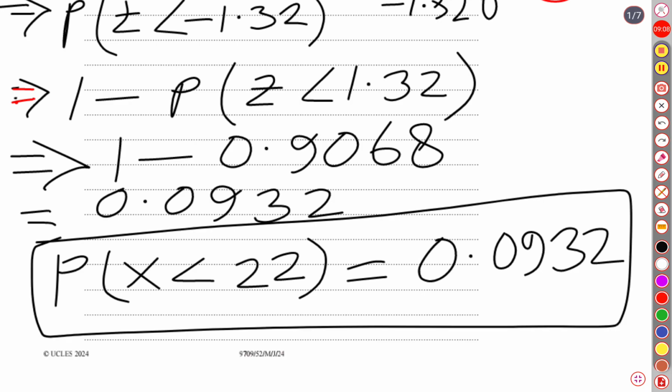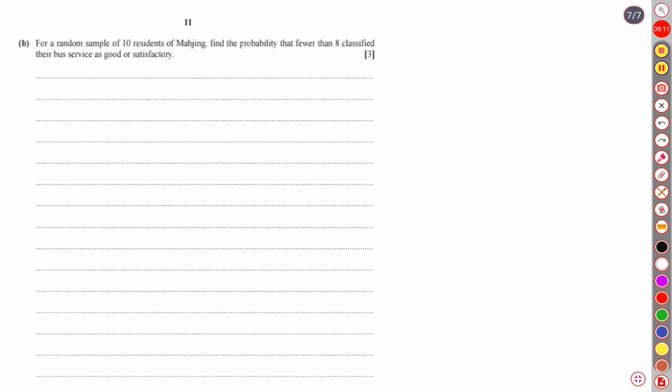Let's move on to the next question. The next question says, for a random sample of 10 residents of Mahjing, find the probability that fewer than 8 classified their bus service as good or satisfactory. So here the clue is the people who classified it as good or satisfactory.